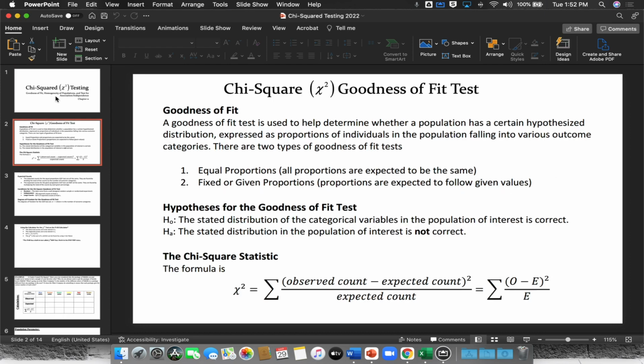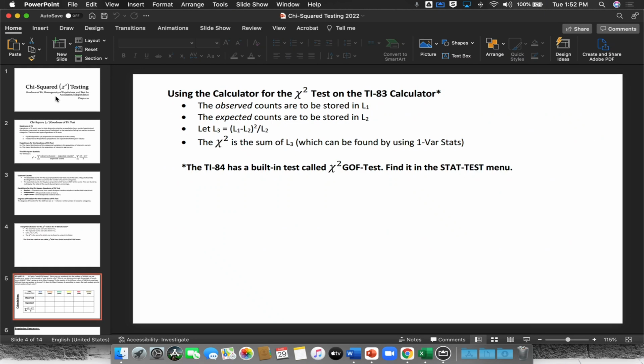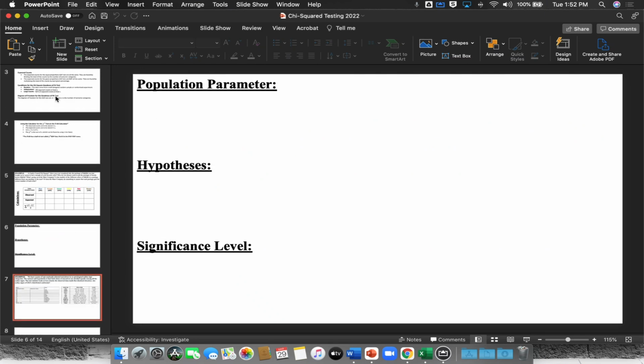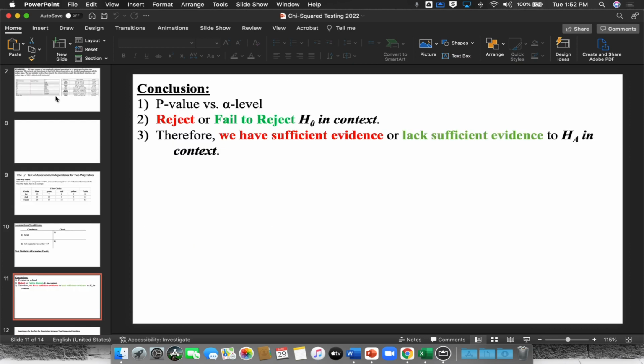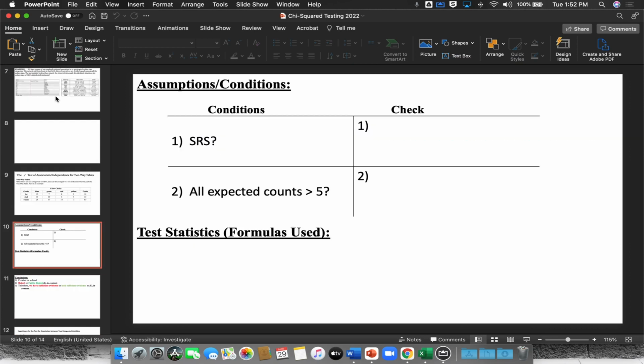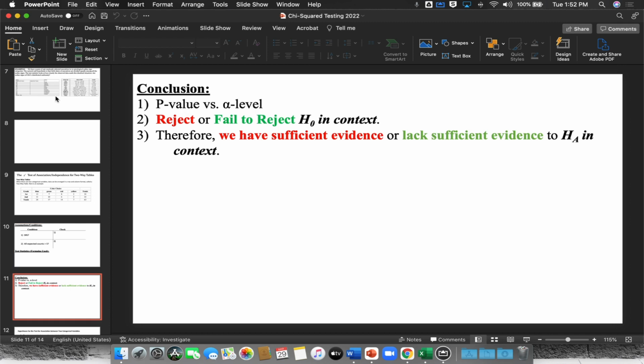Okay, so you have this slide, this slide, this one. Oh, that's why. So we did this slide right here, conclusion. It's the same conclusion as before. P-value versus alpha level. Reject or fail to reject the null hypothesis. Therefore, we have sufficient evidence, or therefore we lack sufficient evidence. So it's nothing new.